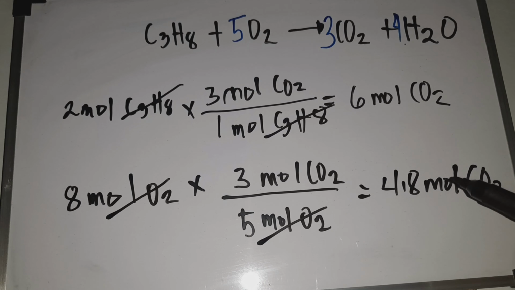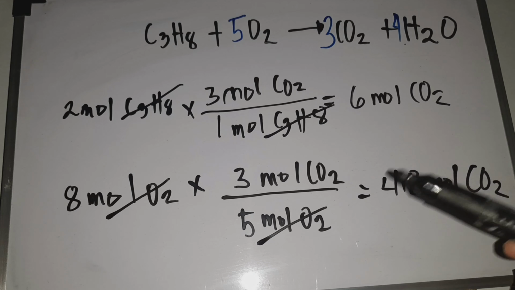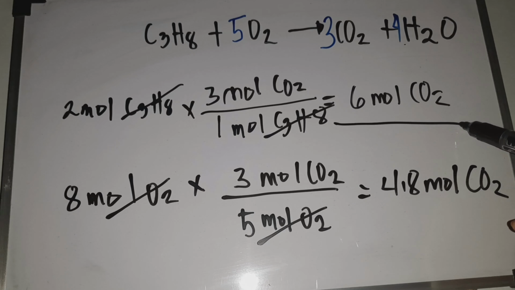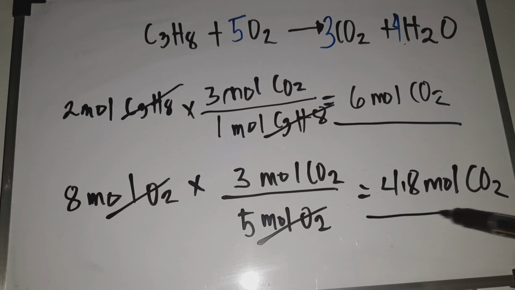Now we can say that if we use 2 mole of propane, we can have 6 mole of carbon dioxide, which is a large amount compared to 4.8 mole of carbon dioxide. So therefore, this is the excess and this is the limiting.